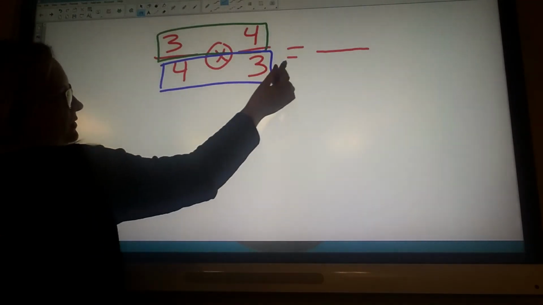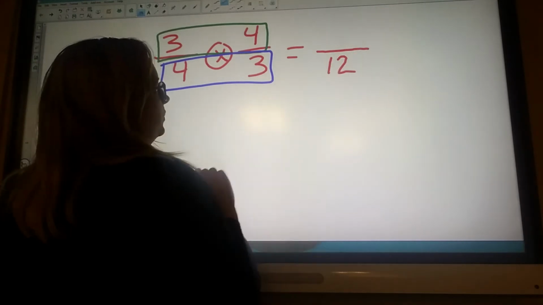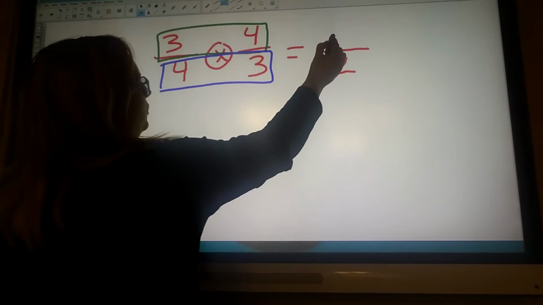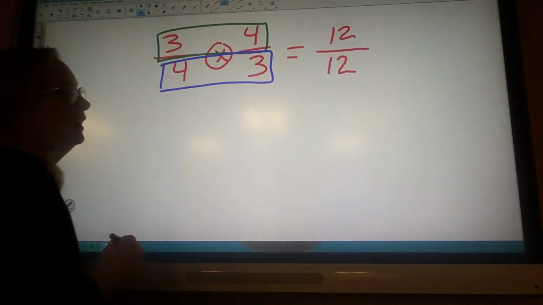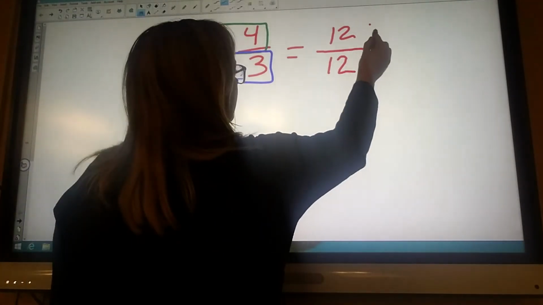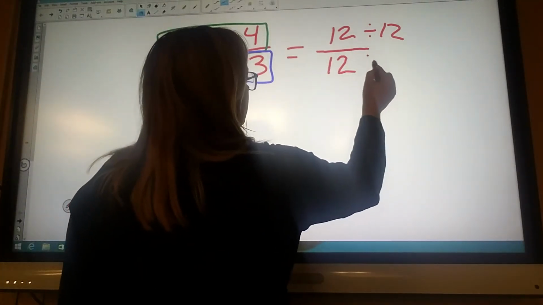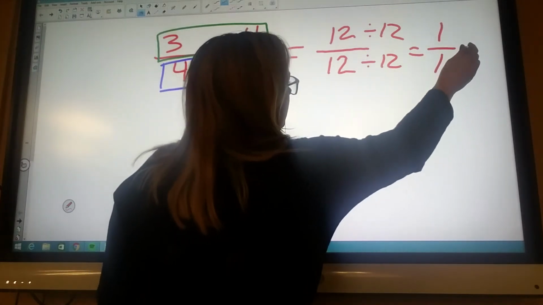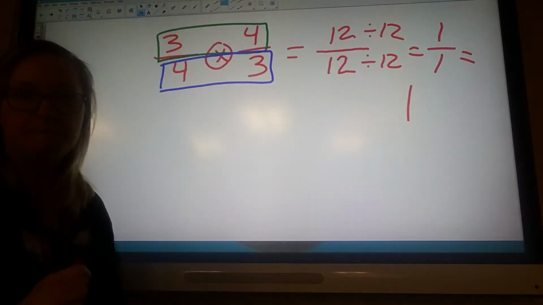So 4 times 3 is 12, right? And 3 times 4 is 12. Well, 12 over 12, we can reduce that. What goes into both 12 and 12? 12. So if we divide, we can reduce that to 1 over 1, which is 1.